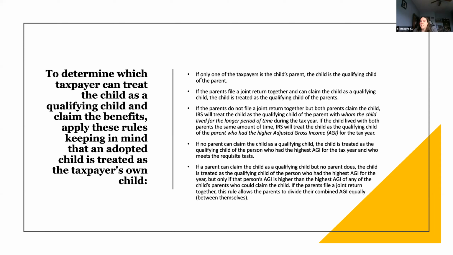So you first go by generally the parent the child lived with the longest, unless they have some sort of agreement. Then you go by which parent has the higher adjusted gross income, and then you go by which relative has the highest adjusted gross income. So those are kind of the general ones. Are there any questions on that? That was kind of confusing.